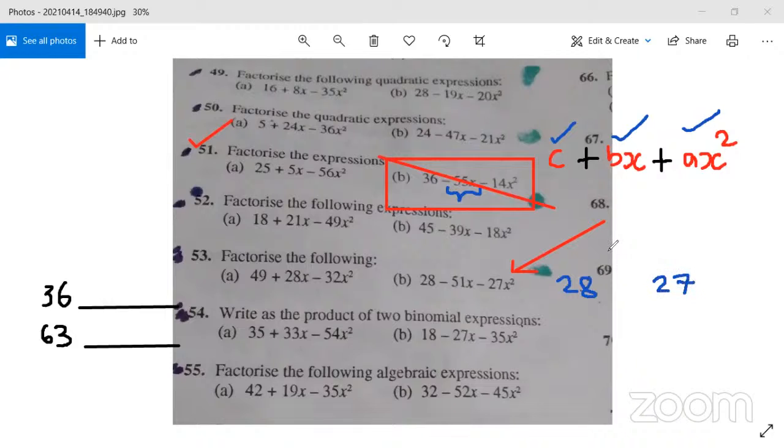I will not waste my time multiplying 28 by 27. 28 is 2 by 2 by 7. 27, that's 3 times 9, which is 3 times 3 times 3.